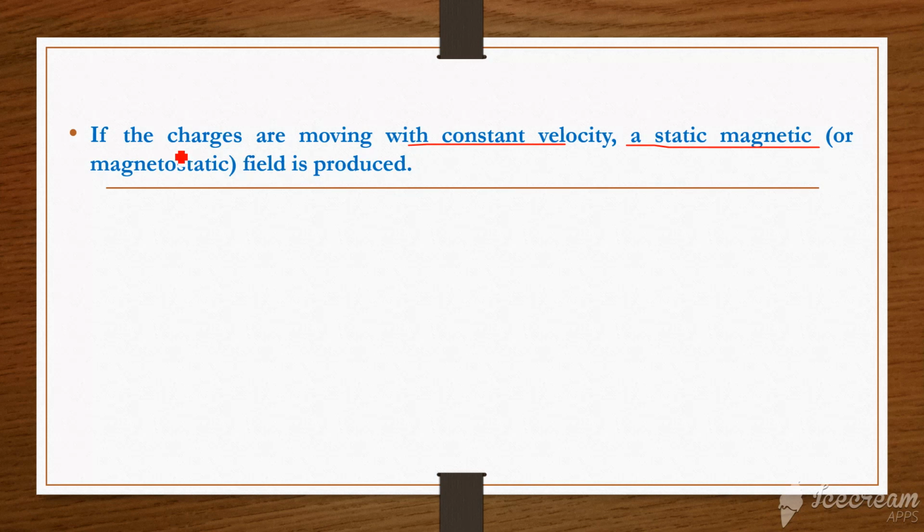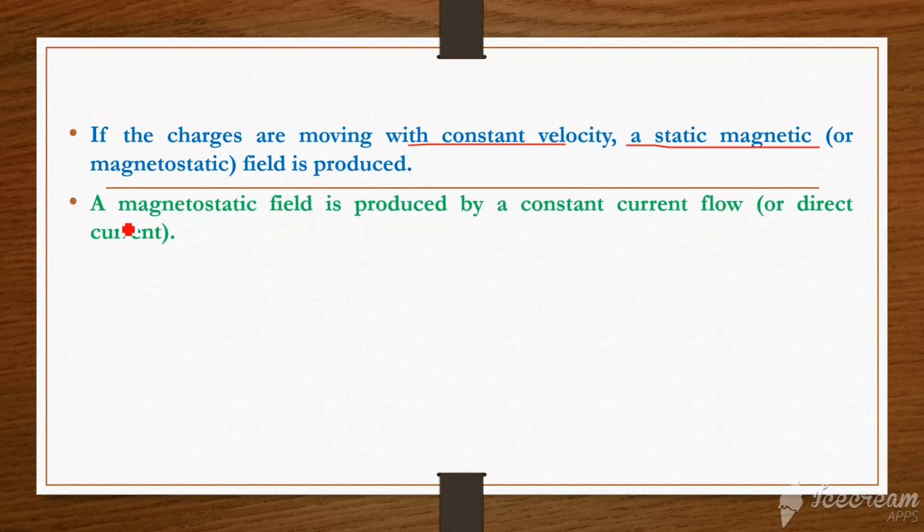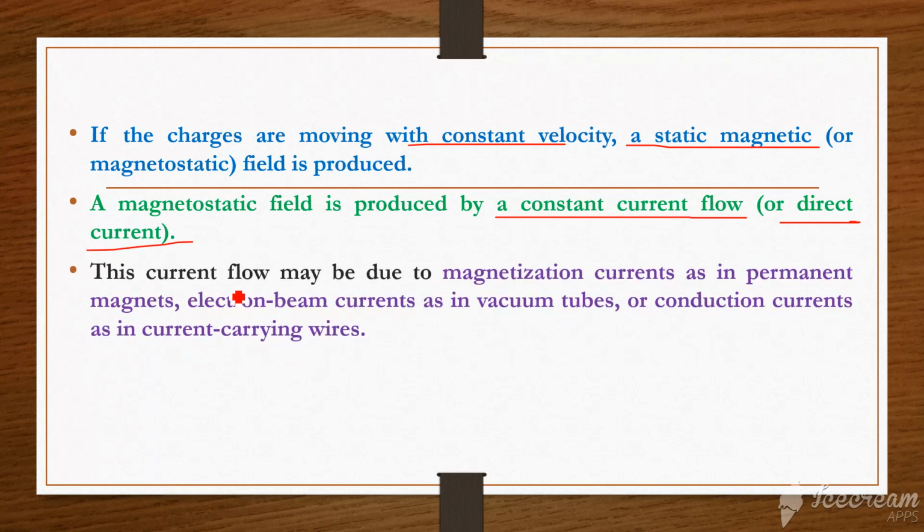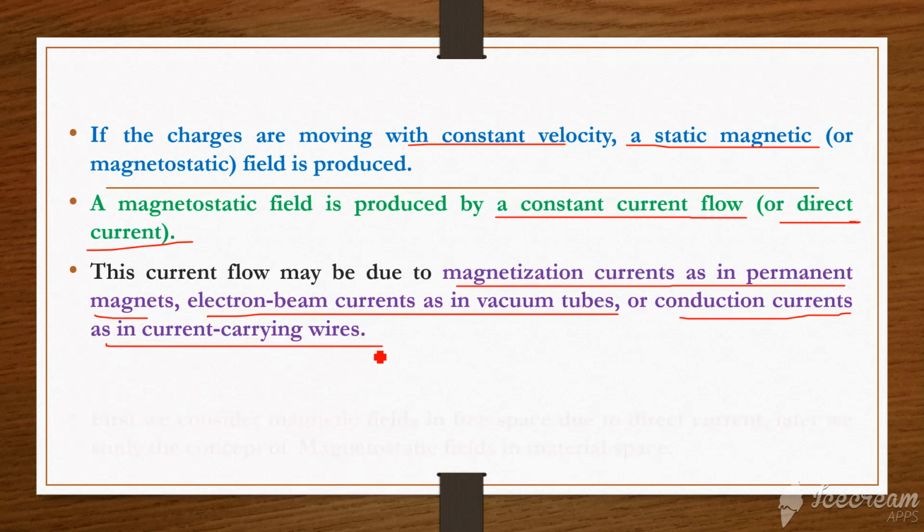This is very important. A magnetostatic field is produced by a constant current source, or simply by direct current. This current flow may be due to magnetization current as in a permanent magnet, electron beam current in a vacuum tube, or conduction current as in a current carrying wire.